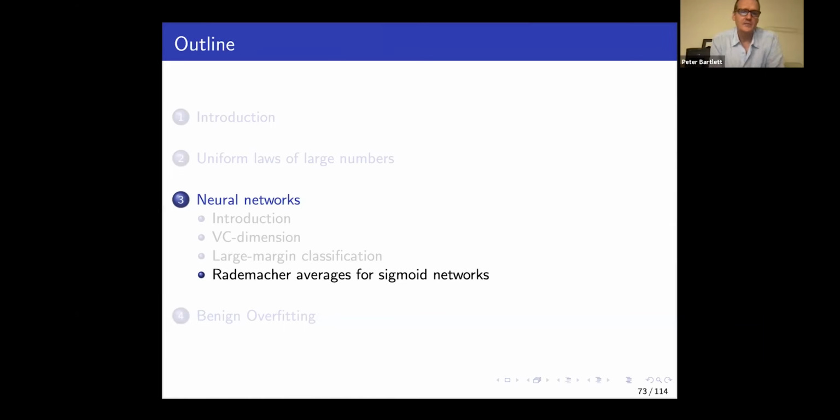And we've seen that we can get around that in the case of large margin classification. So if we're working with a loss that's continuous, it turns out we can get bounds on misclassification probability in terms of these margin losses.